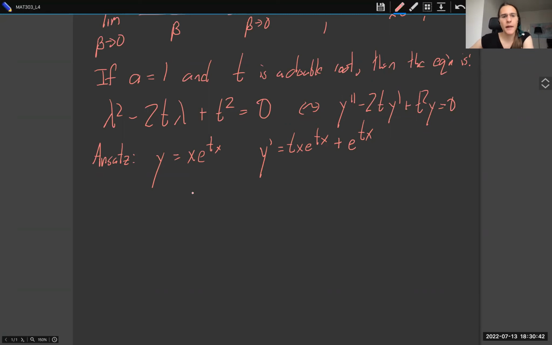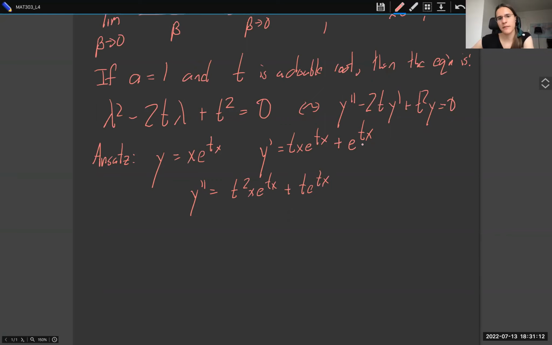Okay, what's y prime prime? So we differentiate this again with respect to x. And so what do we get? Well, the first one is just t times that, so t squared x e to the t x plus t e to the t x.